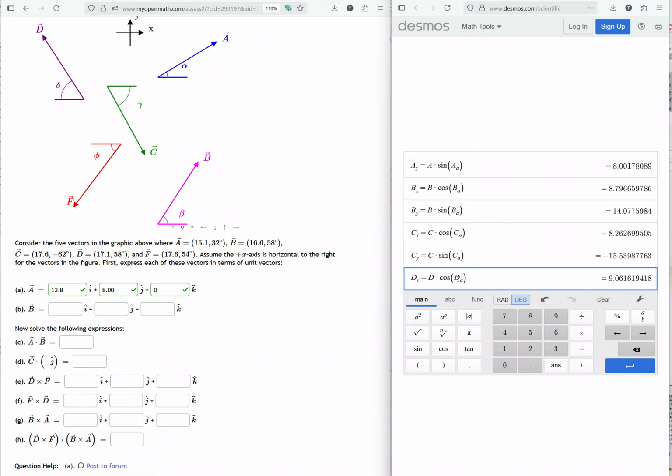Now for D in this case, we are in the second quadrant. And the angle is given as a positive angle relative to the x-axis. So it's going to be a cosine again, but it's going to be with a negative sign because the negative sign is not provided by itself.